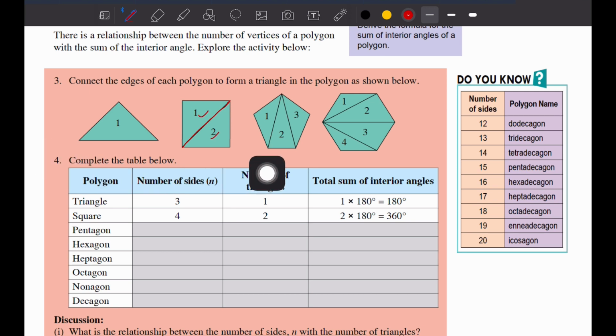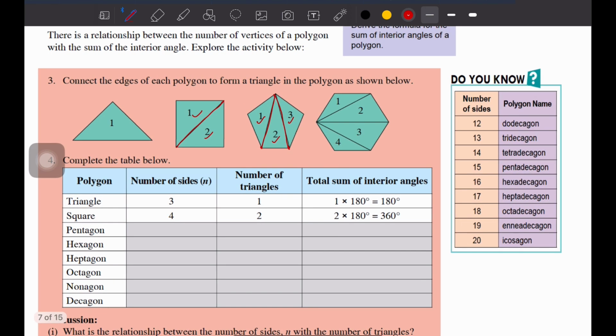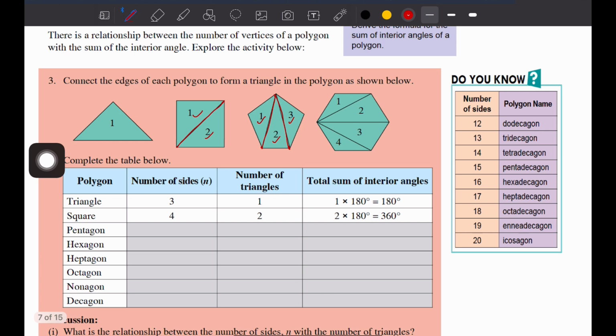For example, this is pentagon. We try to connect this bucu to this bucu 1, this bucu to this bucu 2, so menghasilkan 1, 2, 3 triangles. And for example, this hexagon. We try this bucu to this bucu, this bucu to that bucu, this bucu to that bucu.